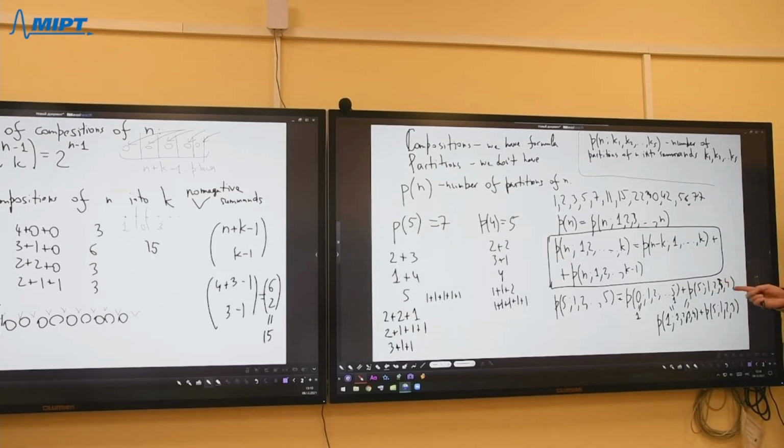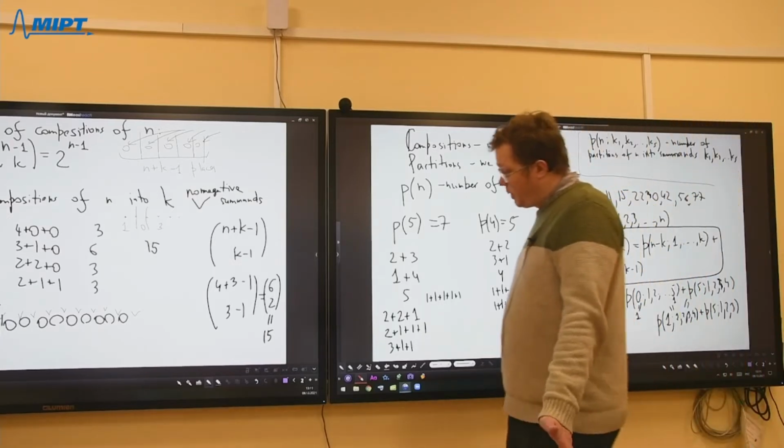We just make this set of summands smaller and smaller, and then we use the previous indexes, but we need to calculate them, so it is not very easy.